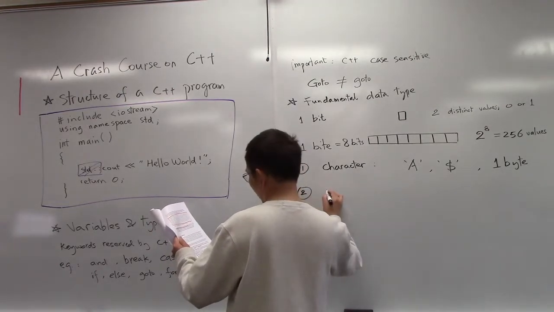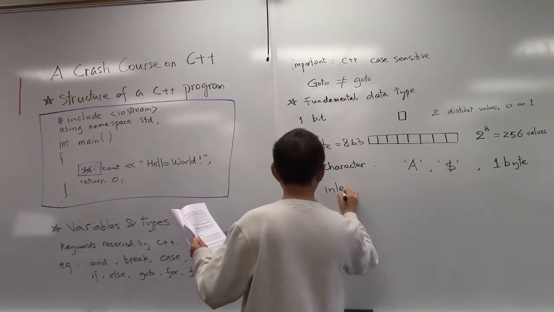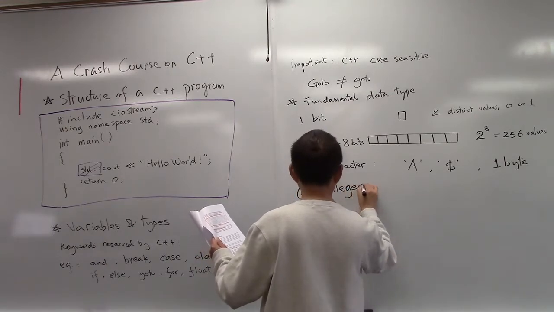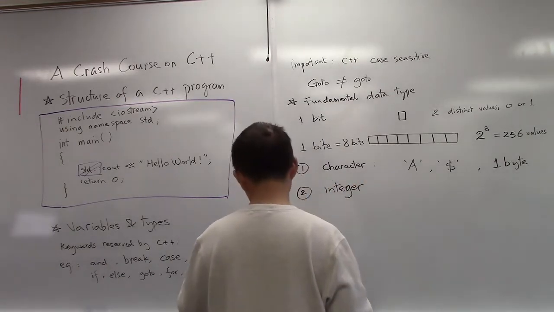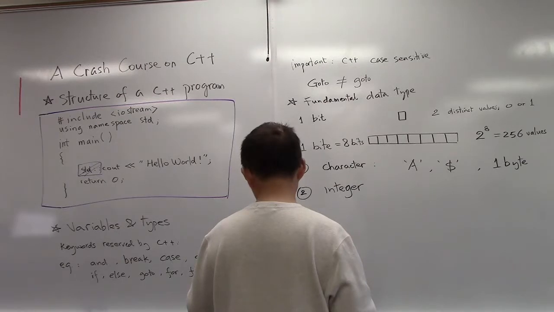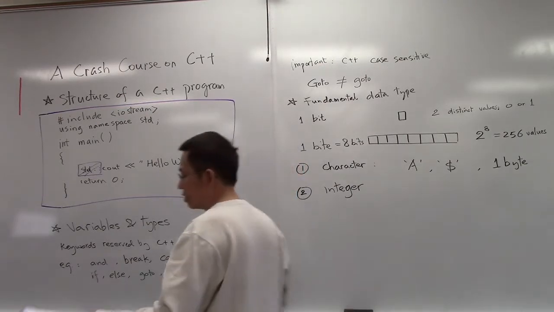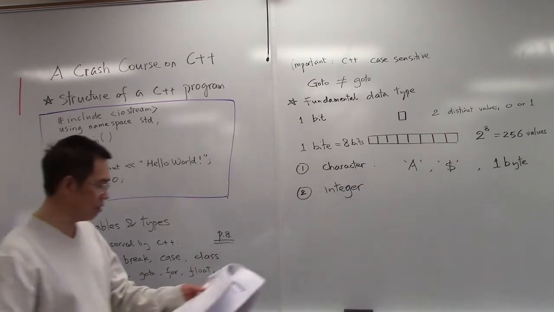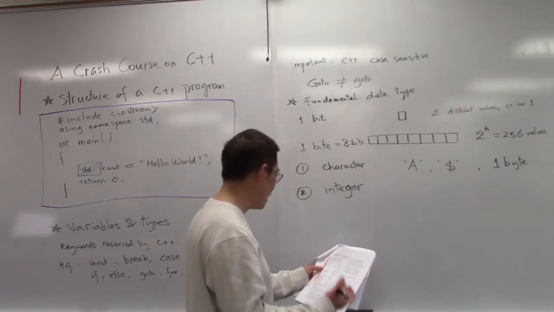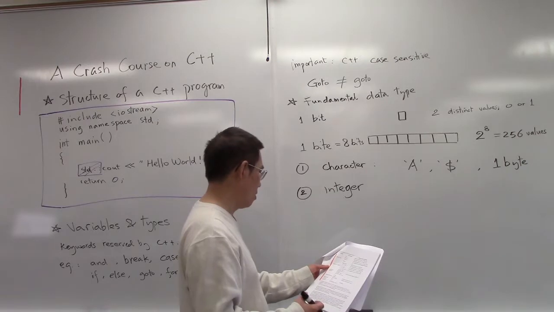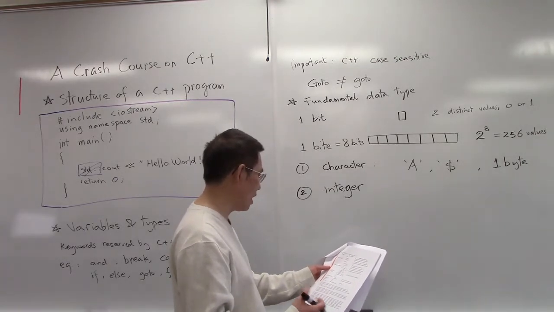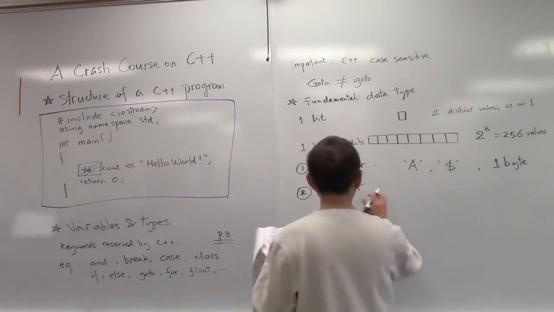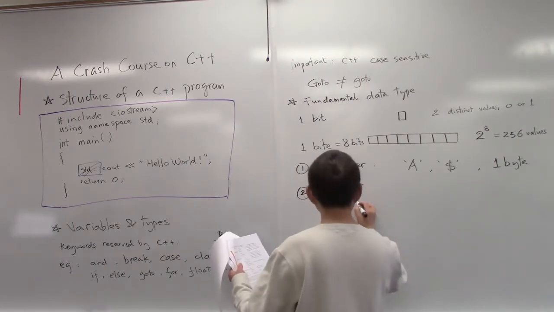The second type is integer. And for integers, there is the complication of signed integer, signed long integer, and so on. So it itself carries 3 subtypes.